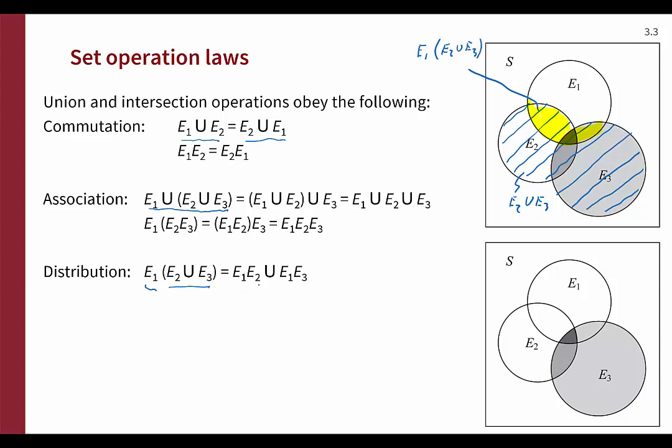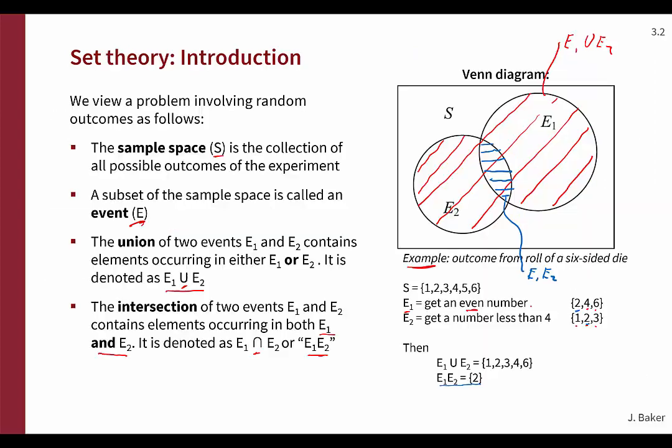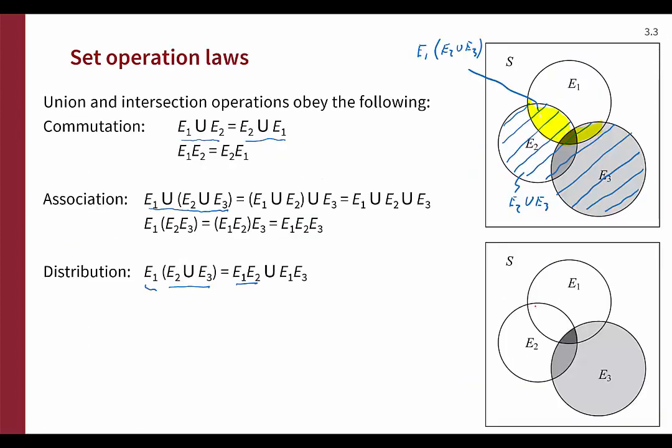Okay. Now let's try the right-hand side in the lower figure. So first we'll take the intersection of E1 and E2. We'll hatch that. Then we'll take the intersection of E1 and E3. Hatch that in red. And then if we take the union of those two, that's going to be anything that's hatched in any color.